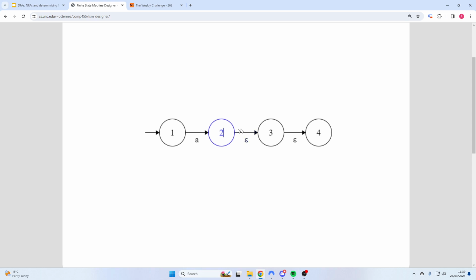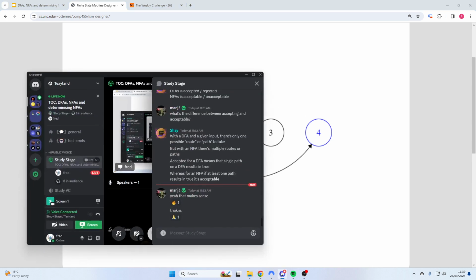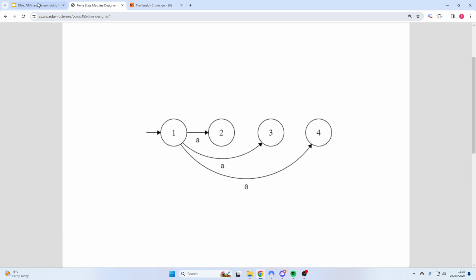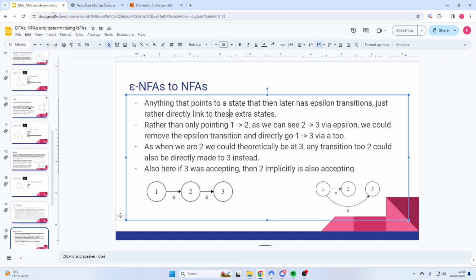So rather than having these epsilon transitions, any way we could get to 2, we also just go straight to anything that transitions via an epsilon. Because 3 is connected via A now, and 4 is connected via A, and we've got rid of the epsilon transitions. Hope that makes sense. Just let me know if it doesn't.